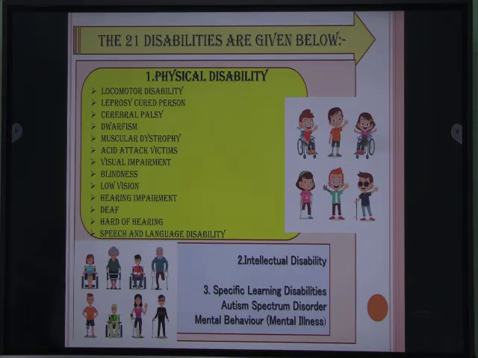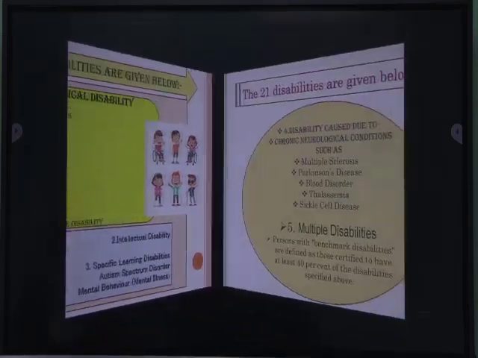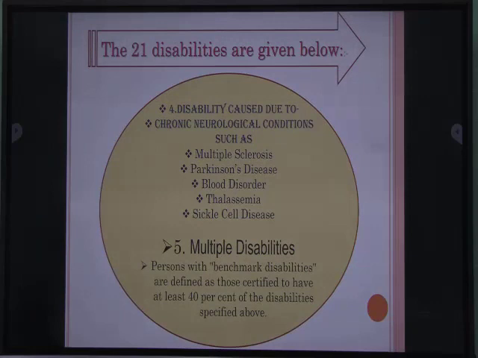The next category is intellectual disability, and the third is specific learning disabilities, which includes autism spectrum disorder and mental illness. The 21 disabilities are covered in the Persons with Disabilities Act, which we will be covering in the next session in detail.